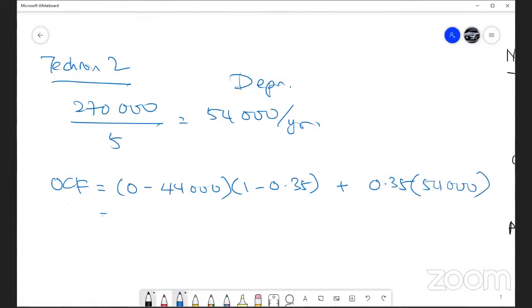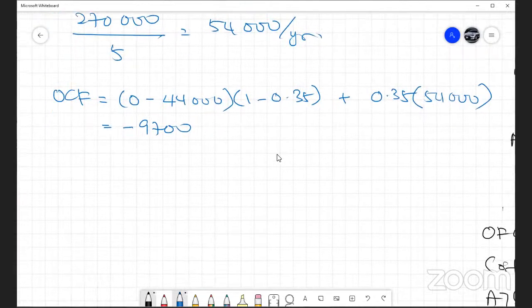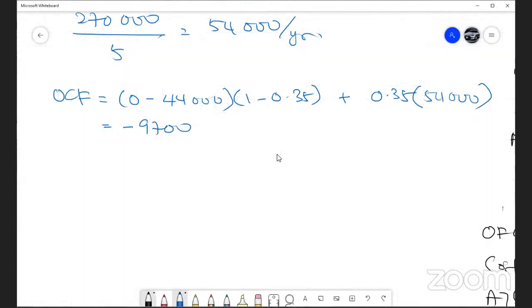So year 1 to year 5, this is for 5 years. Your operating cash flow is negative $9,700. So it's a negative OCF. So put into the table year 0, 1 to 4, and 5.